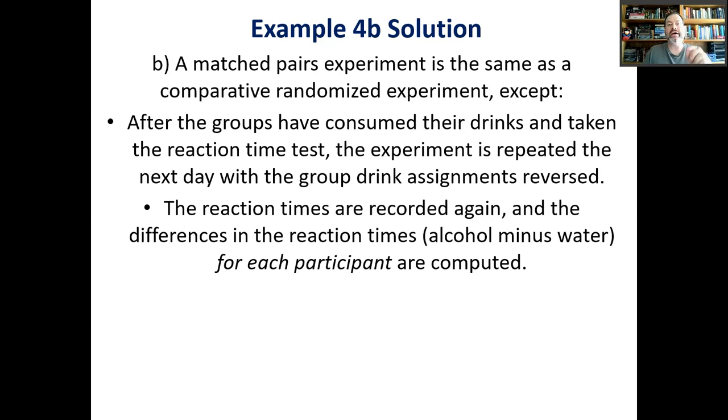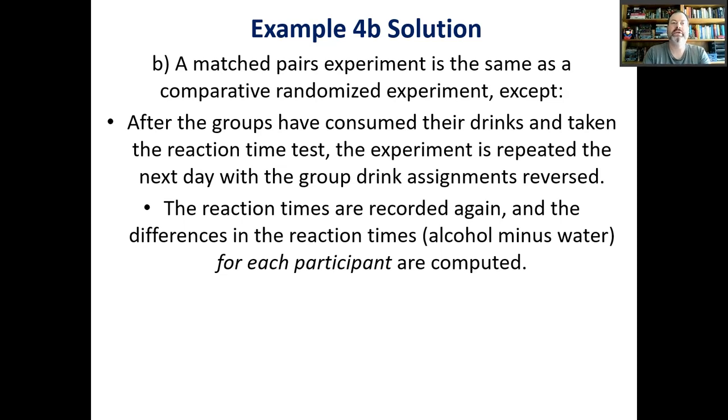Here, everybody in the study has had alcohol and water. So we look at, for each participant, how much slower was the reaction time. So we only have really one set of numbers instead of two sets of numbers. And in most cases, we'd rather have one set of numbers.